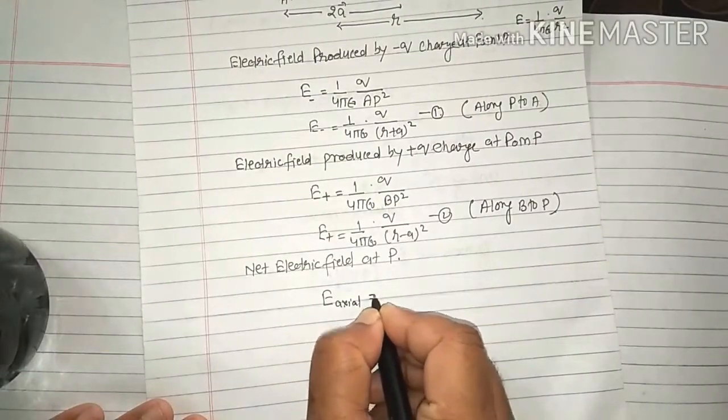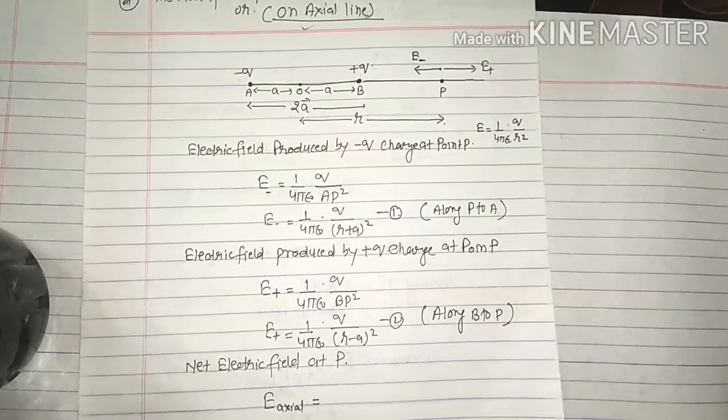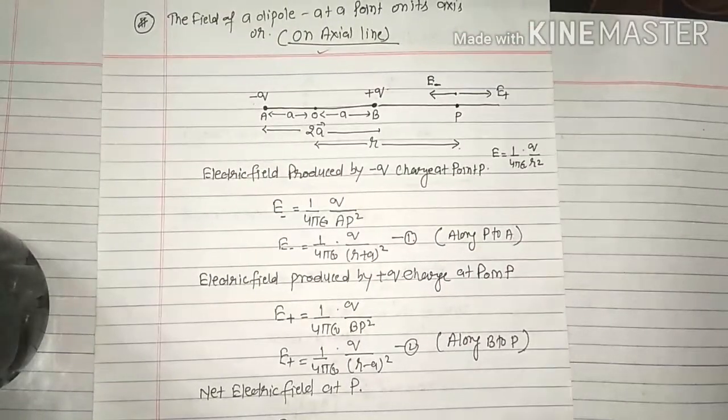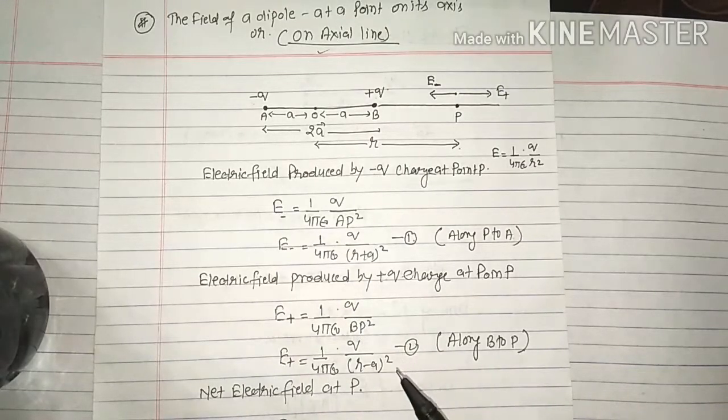So the net electric field, which is axial, E axial is equal to, according to the law of parallelogram, if two vectors act just opposite to each other, the resultant will be equal to the difference of these two vector quantities. So in this case, just subtract these two quantities, and the subtraction will always be higher value minus lower value. Which one is the higher value, equation number 1 or equation number 2?